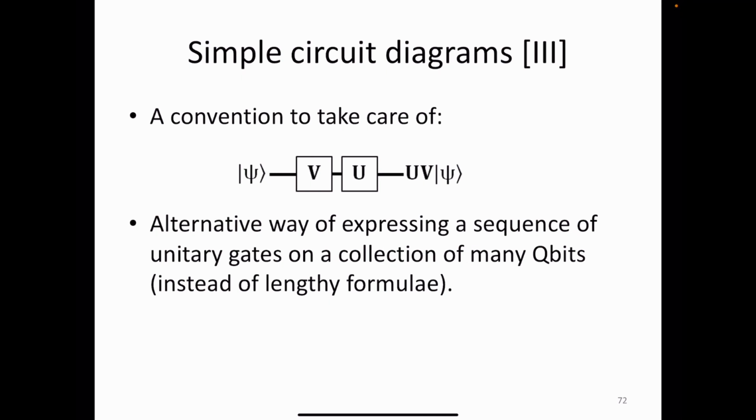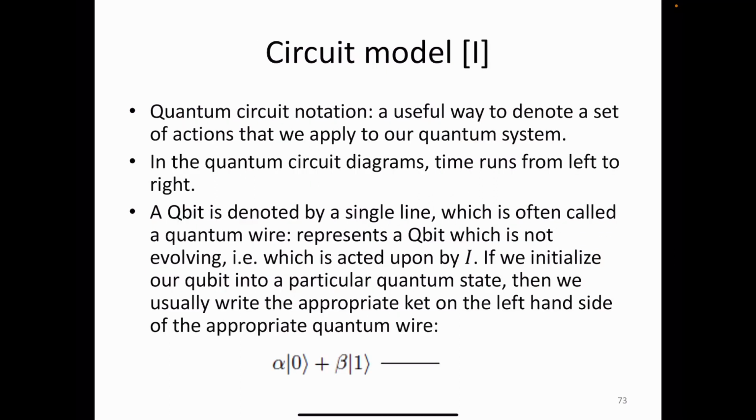Here, when we evolve the state from the left to the right, we of course apply the gate V before we apply the gate U, which would read in bracket notation with the sequence flipped, because here too we want to apply V to the state psi first, followed by U. So all in all, this circuit diagram is a very handy way of representing a set of gates applied to many qubits instead of the lengthy formulae that we also saw before.